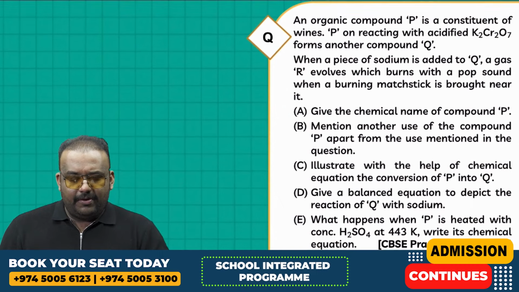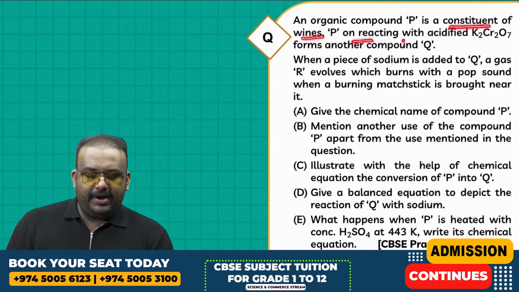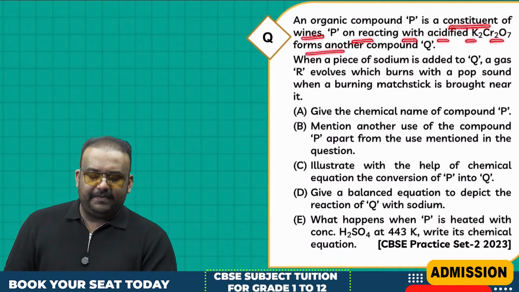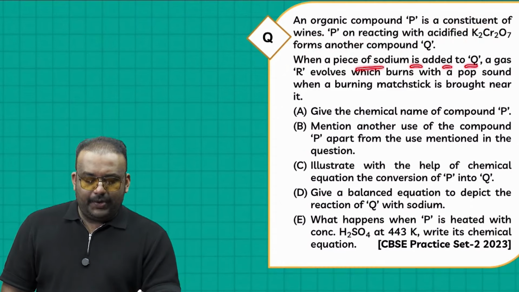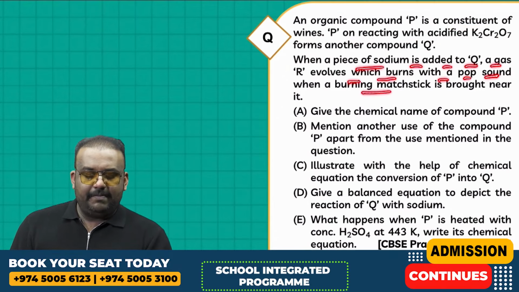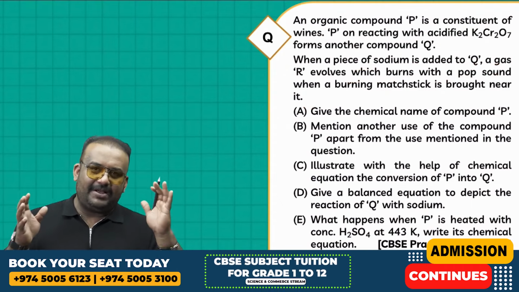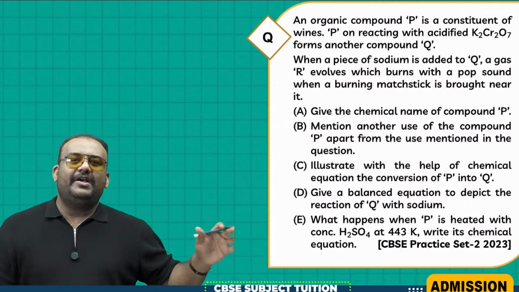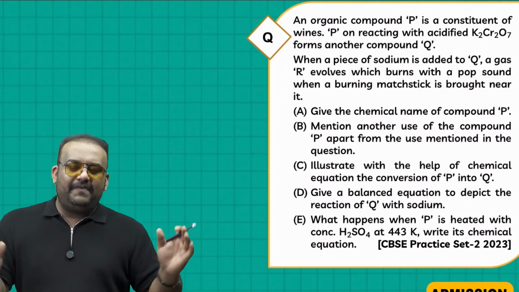An organic compound P is a constituent of wines. P, on reacting with acidified K2Cr2O7, forms another compound Q. When a piece of sodium is added to Q, a gas R is evolved which burns with a pop sound when a burning matchstick is brought near it. By this time you will be completely confident of all the reactions happening here, and you might have already identified every compound involved.